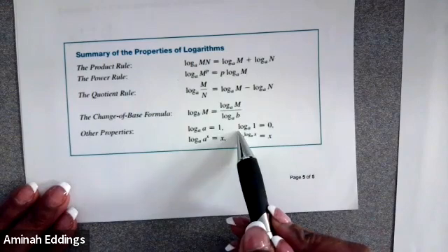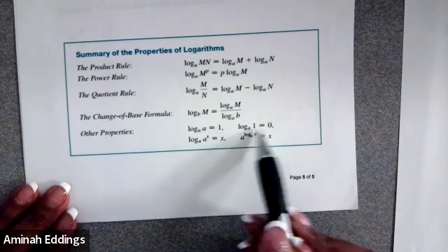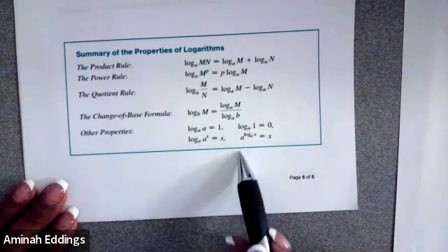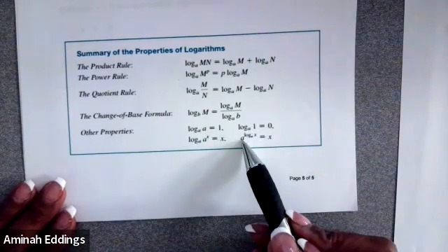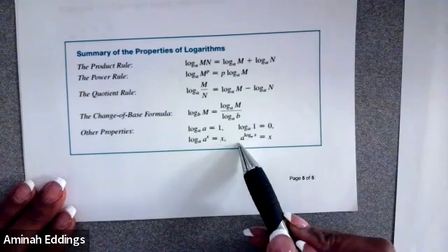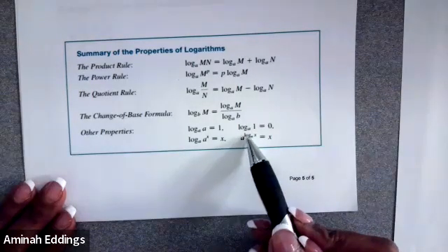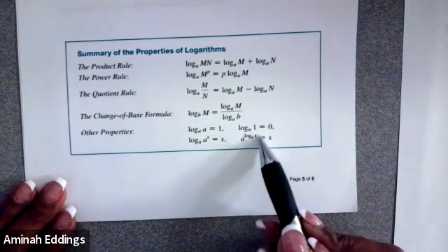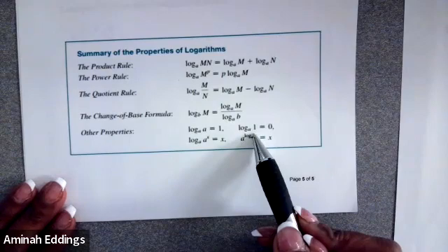Anytime we take the log of 1, we'll get 0. It doesn't matter what the base is. And lastly, when we have a base and base again that are the same, A to the power of log base A of x, then our answer is that logarithm.